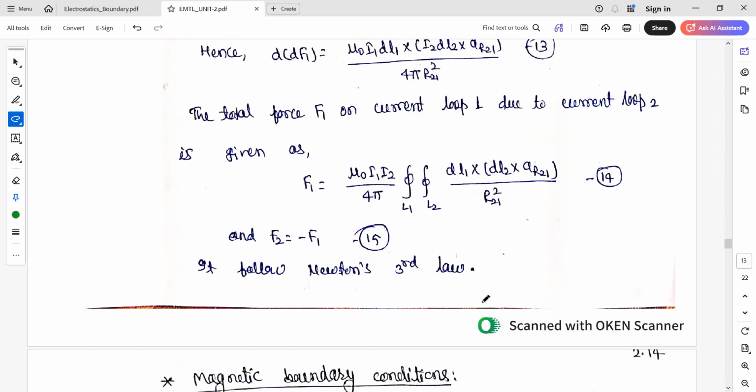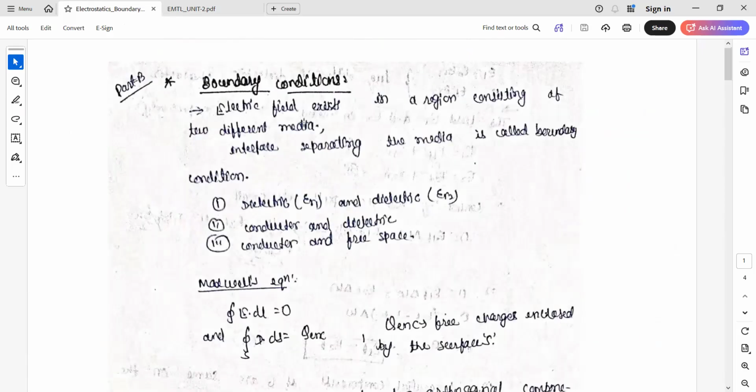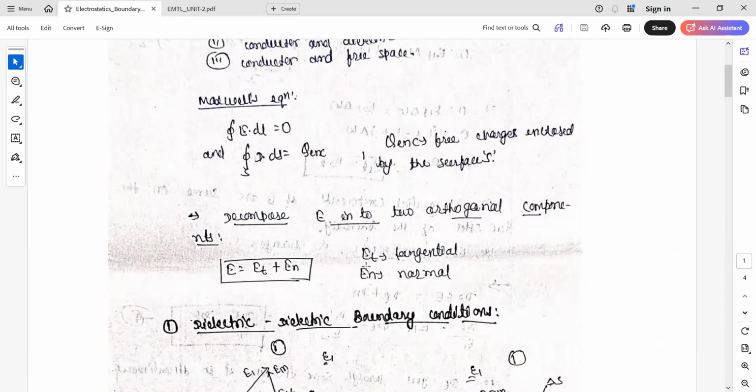After that, here we have a very important thing about boundary conditions. Both boundary conditions are important, electrostatic boundary condition as well as magnetostatic boundary condition. So here we have dielectric. Now we are talking about electrostatic boundary conditions.